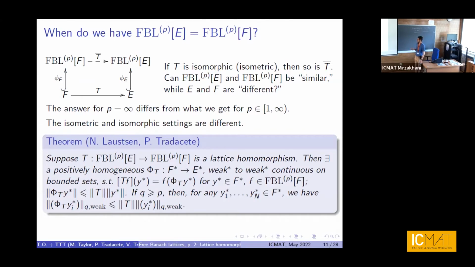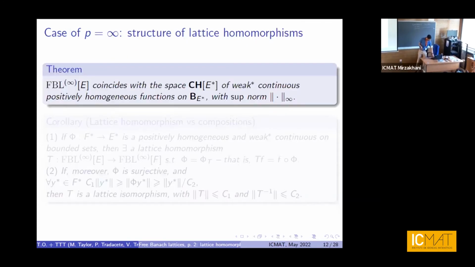The isometric and isomorphic cases are treated differently. And here, once again, I'm putting back this theorem of Nielsen, Nigel Laustsen and Pedro Tradacete, which characterizes lattice homomorphisms between free Banach lattices.